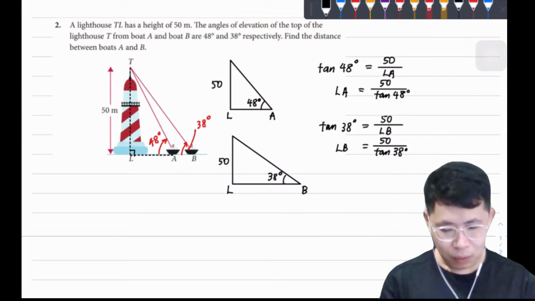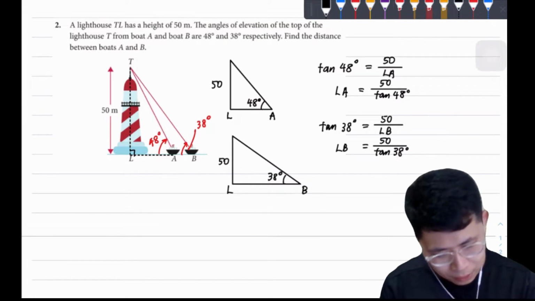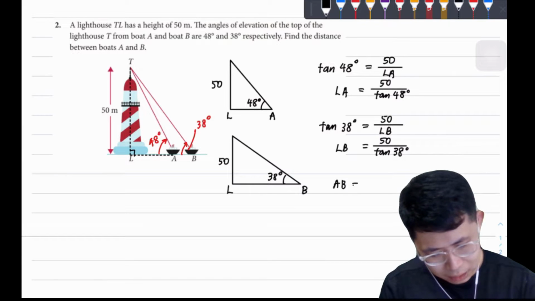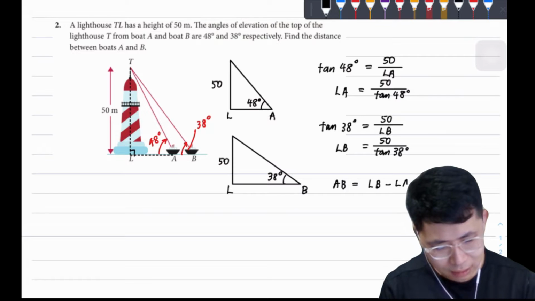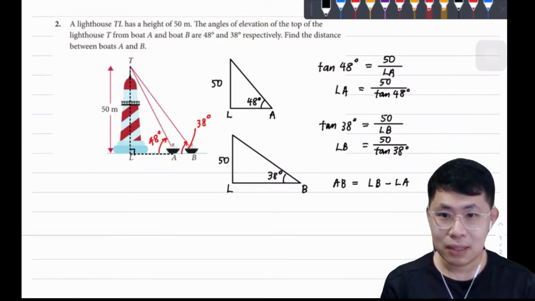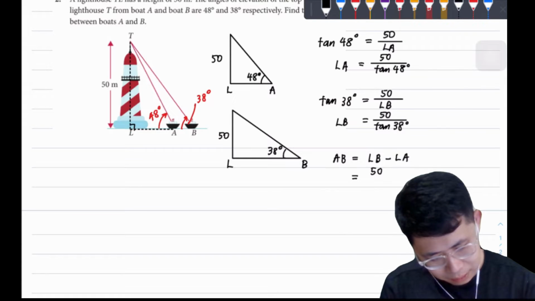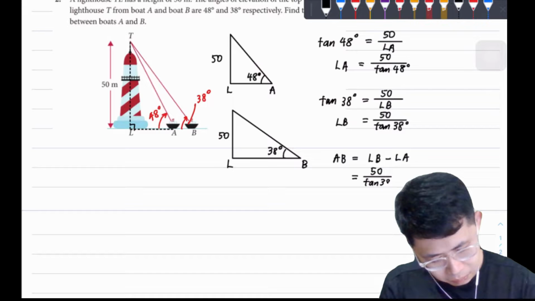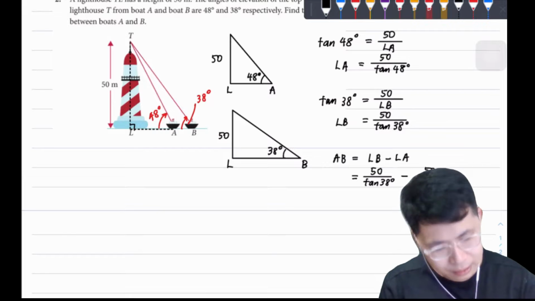What is left now is to look for the distance AB. The distance AB is going to be equal to LB minus LA. LB would be 50 over tangent 38, and LA would be 50 over tangent of 48 degrees.